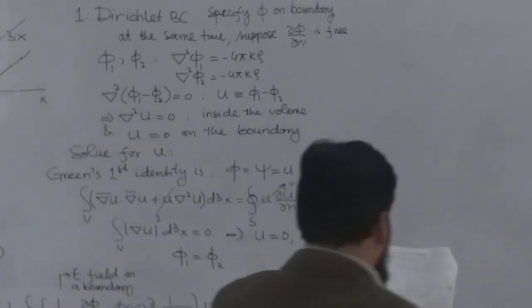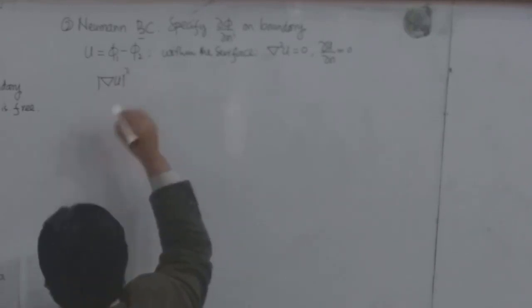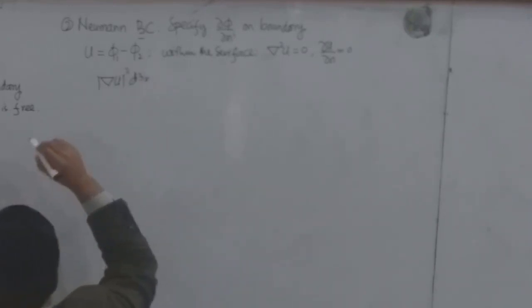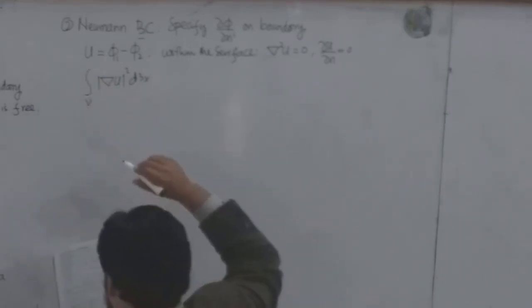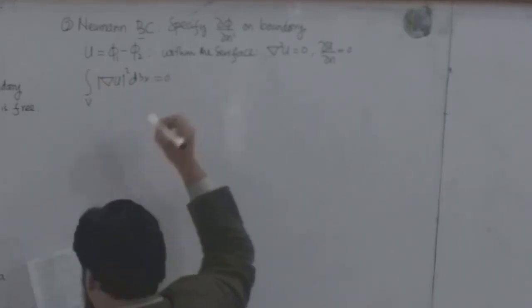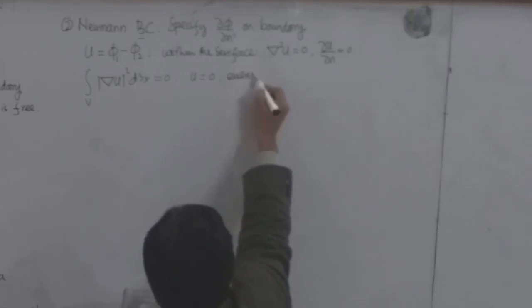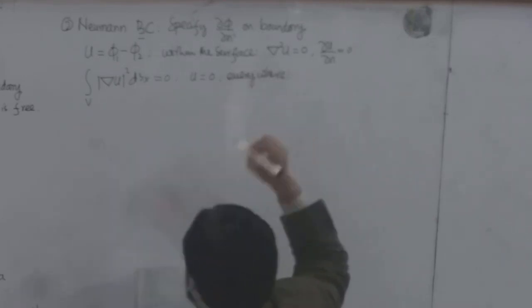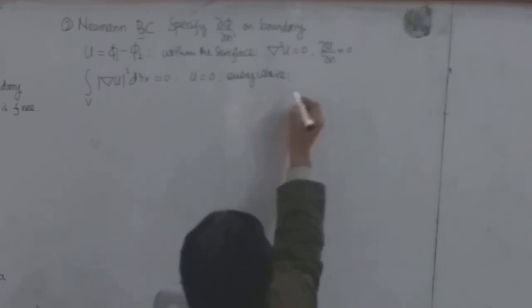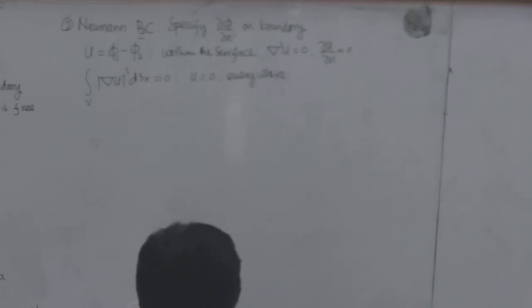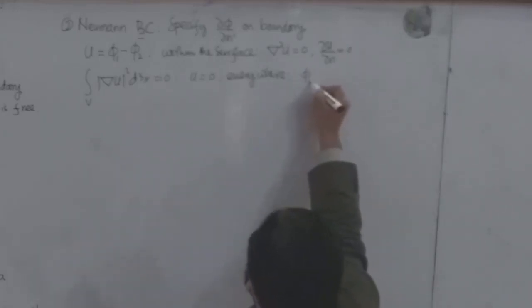So again you have the integral of gradient of u squared d cube x over the volume equal to 0, and you again have u equal to 0 everywhere. And u equal to 0 everywhere means phi 1 will be equal to phi 2.